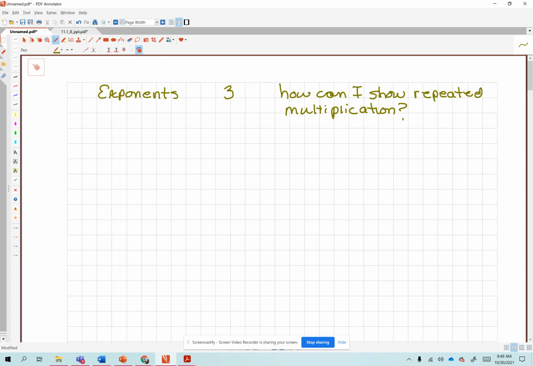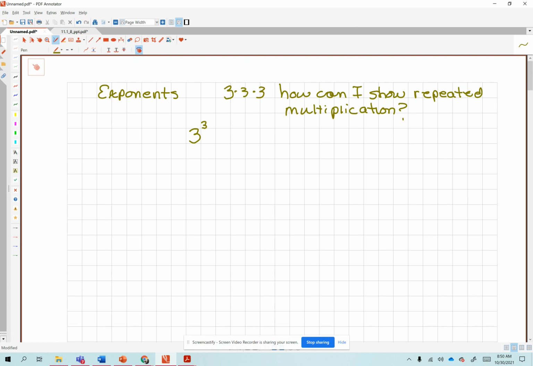So repeated multiplication would be 3 times 3 times 3. That's when we take that same 3 and we repeat it in order to perform the operation of multiplication. So what we do is we can take that 3 and we can give it an exponent of 3.